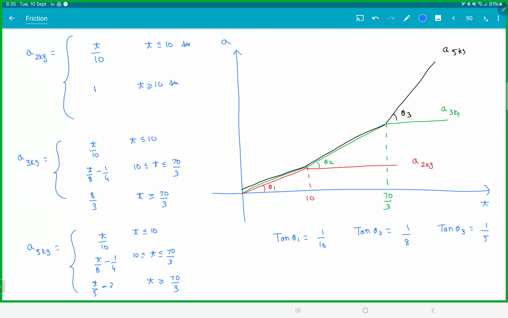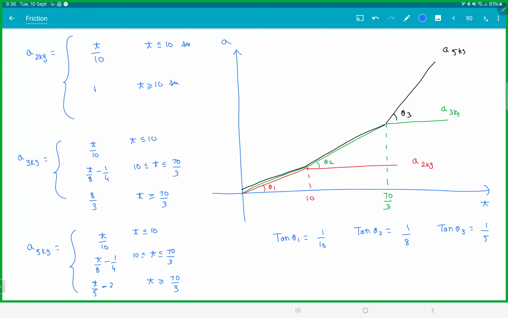Is this clear, everyone? Clear? Here we will not do mu s, mu k, it will be more messed up.